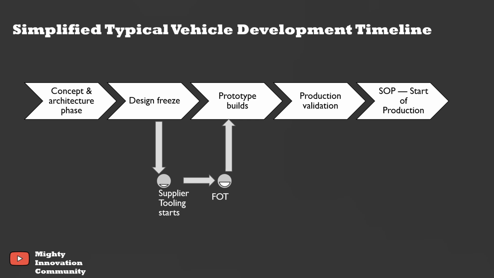The focus is on fit, packaging and basic functionality. One very important point is that FOT does not mean the part is perfect. It means the part is now a real physical part. This is also when early verification and validation begins. That is V&V begins. OEMs start checking dimension compliance, basic functional performance, and installation feasibility.